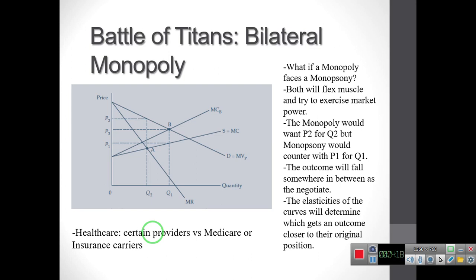They are the single buyer of healthcare for retirees, for the elderly. So the hospitals, when negotiating the fees, are really facing a titan, a very, very strong buyer, the government. Is it a monopsony? We could argue about that, but for the sake of this conversation, let's assume that they are the only buyers for the elderly, and also insurance carriers.